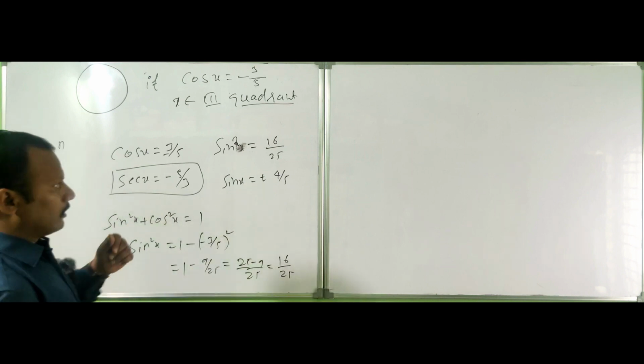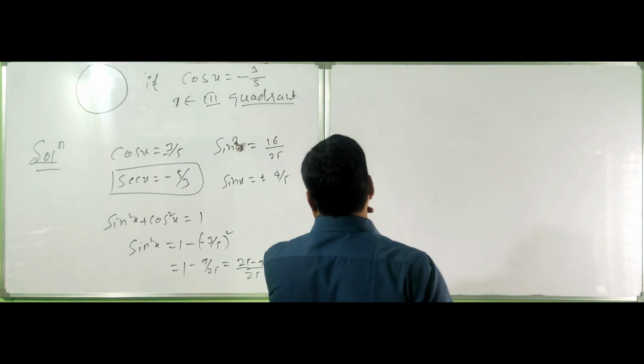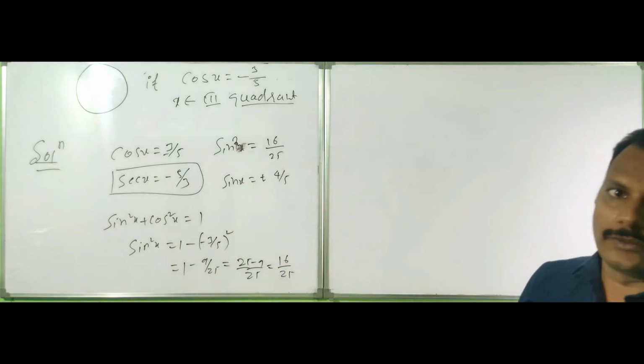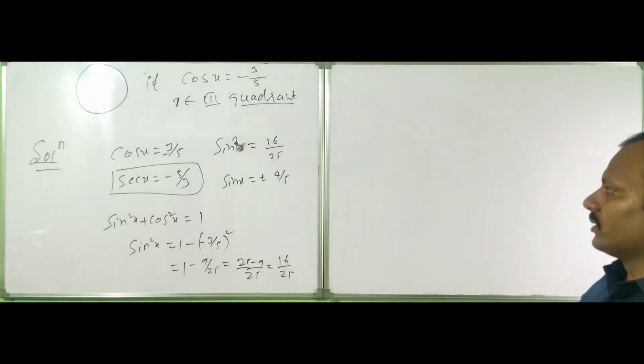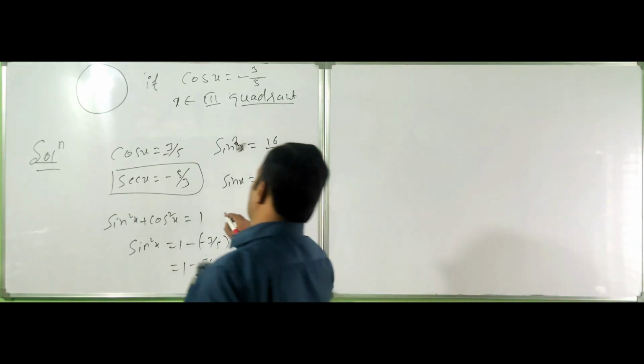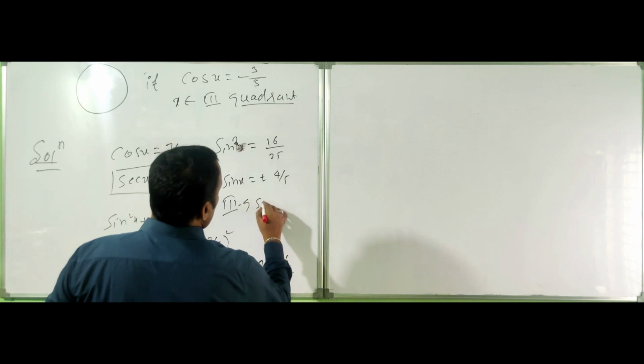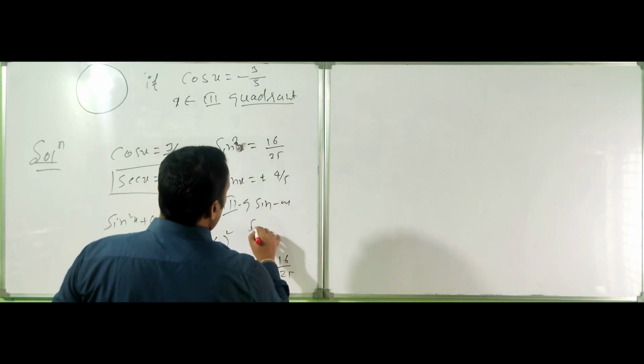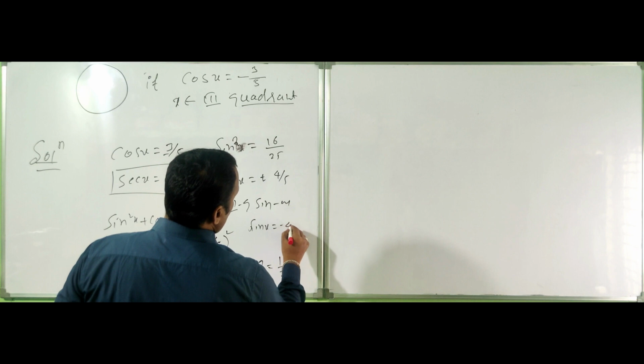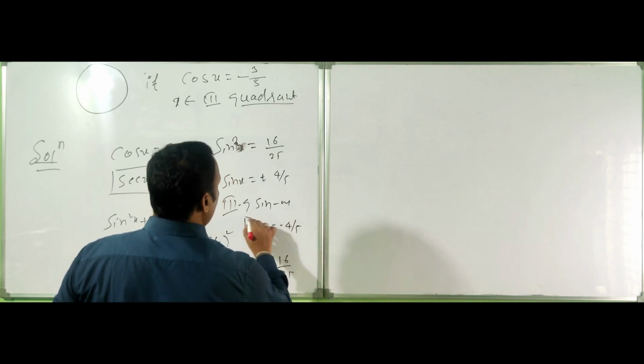But in the third quadrant, you know ASTC, only tan is positive, so sine is negative. Therefore sin x is equal to minus 4 over 5.